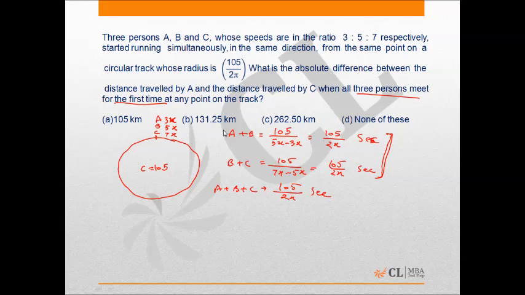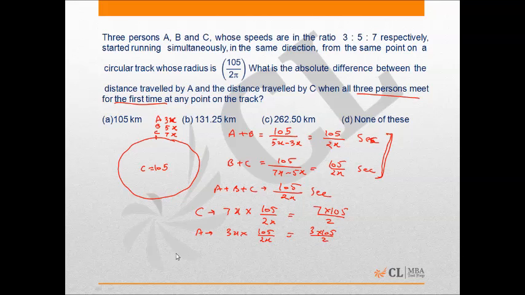Now I need to find the distance traveled by A and the distance traveled by C. The distance traveled by C is 7x, the speed of C, into time, which is 105 by 2x. So 7 into 105 by 2, and A will travel 3x into 105 by 2x, which is 3 into 105 by 2.